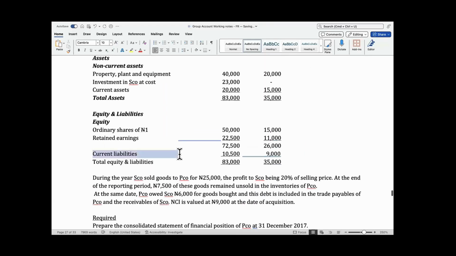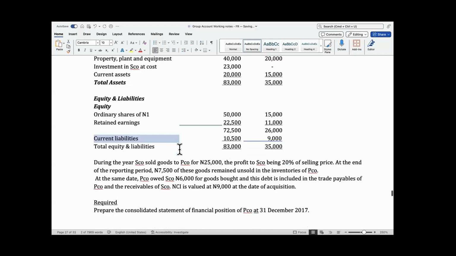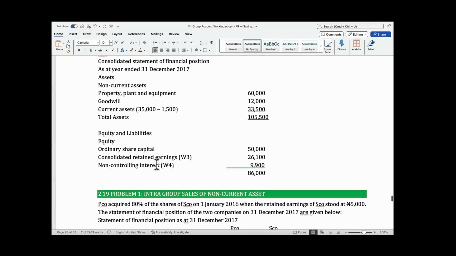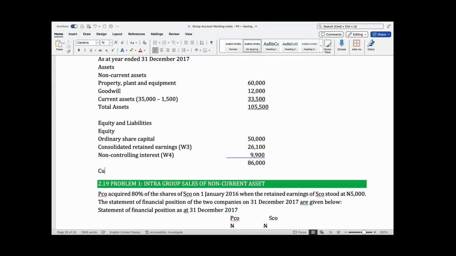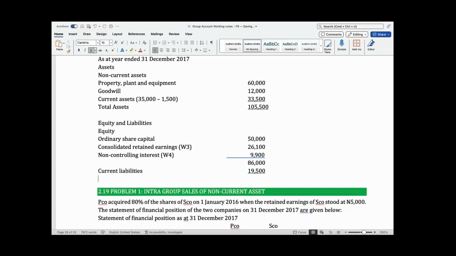Then my current liabilities, how much is that? This is 19.5. How much does this give us? 105,500.